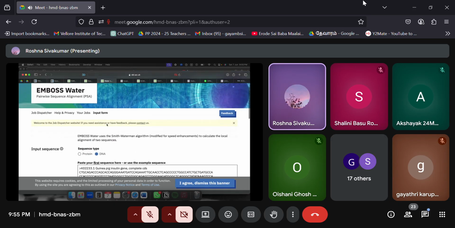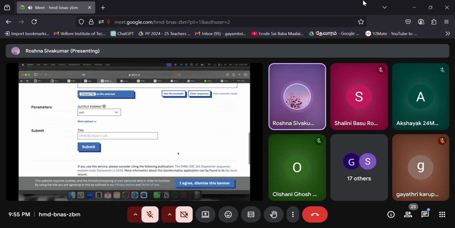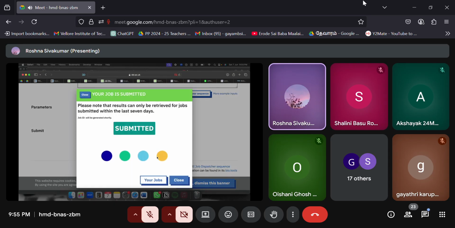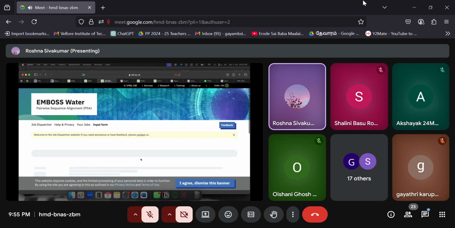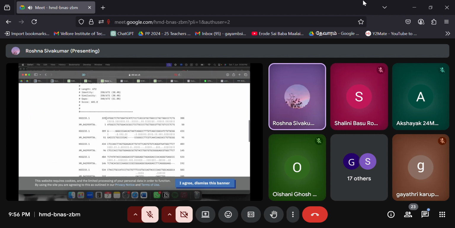Now moving on to EMBOSS Water, or global alignment. Again, we are pasting both the sequences. Okay.